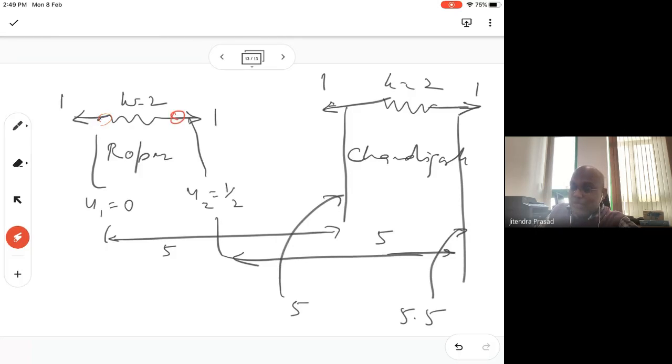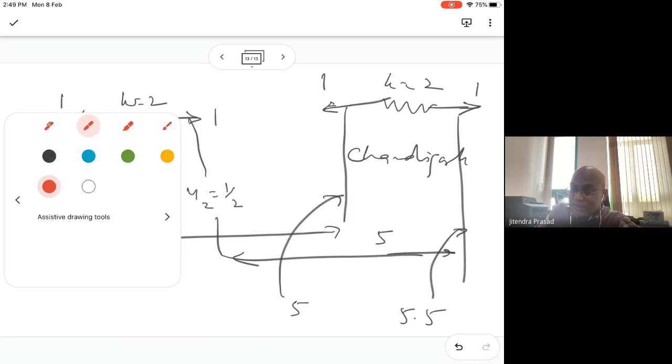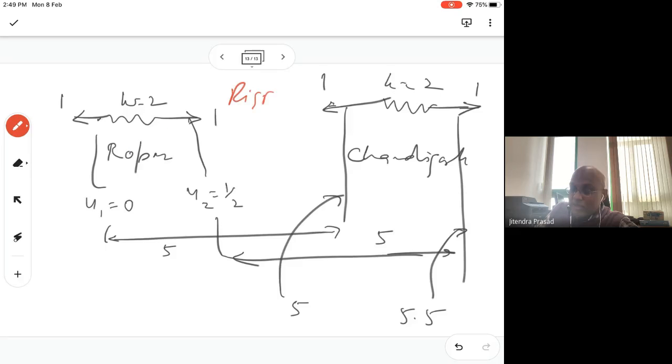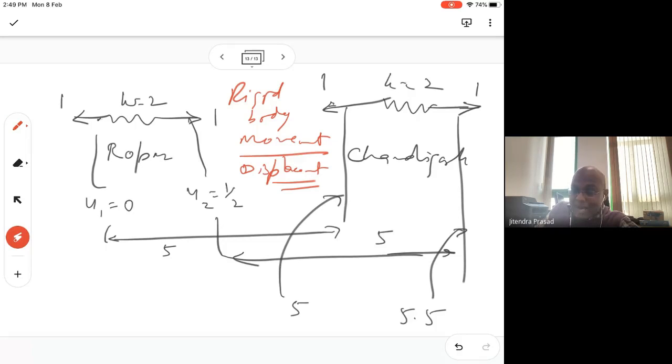In both cases, forces are the same. But see, you also call it rigid body displacement, right? Rigid body movement or displacement. The whole thing can go.